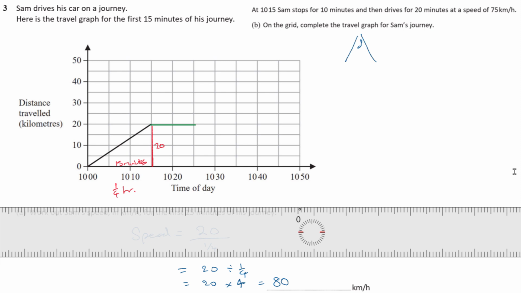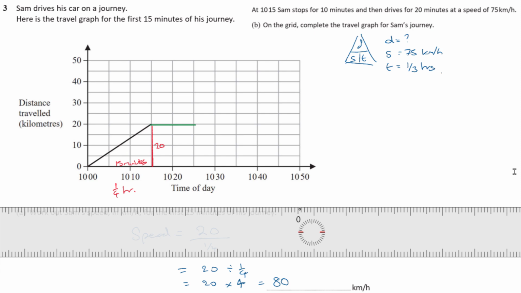So using the DST triangle, let's work out how much distance he can travel in 20 minutes. Distance is what we're trying to find. Speed we know is 75 kilometers per hour, and time is 20 minutes, which is 1/3 of an hour, isn't it?